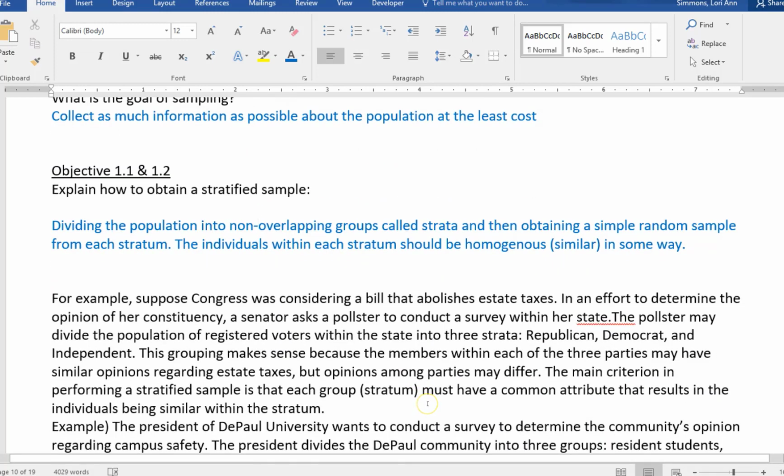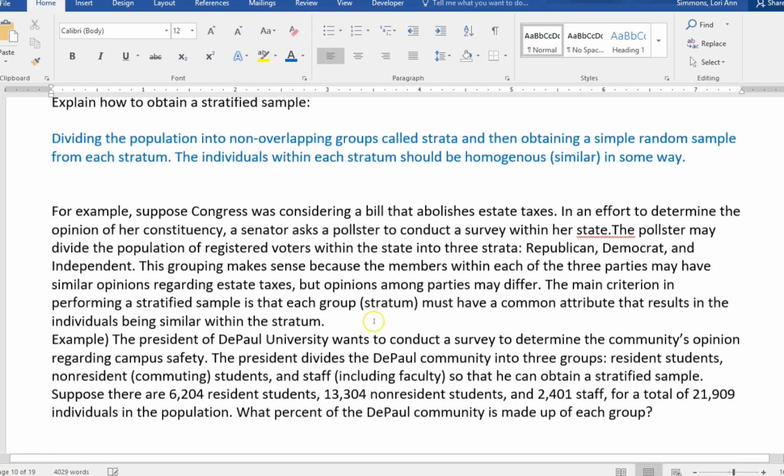So let's look at an example of a stratified sample. Suppose Congress was considering a bill that abolishes estate taxes. In an effort to determine the opinion of her constituency, a senator asked a pollster to conduct a survey within her state. The pollster may divide the population of registered voters within the state into three strata: Republican, Democrat, and Independent.